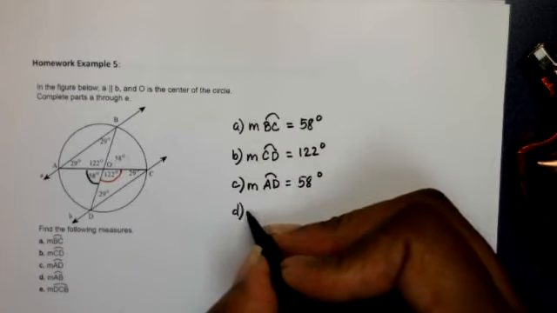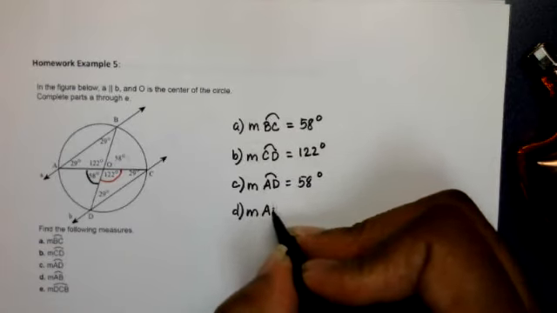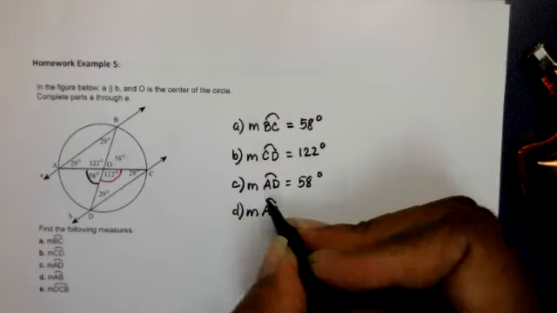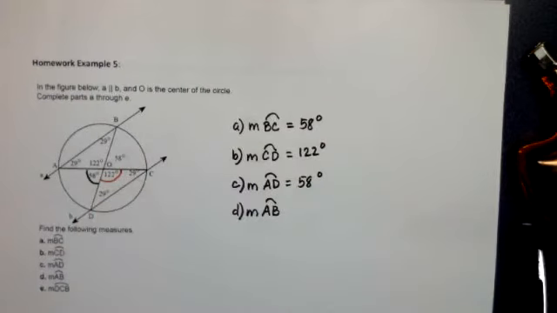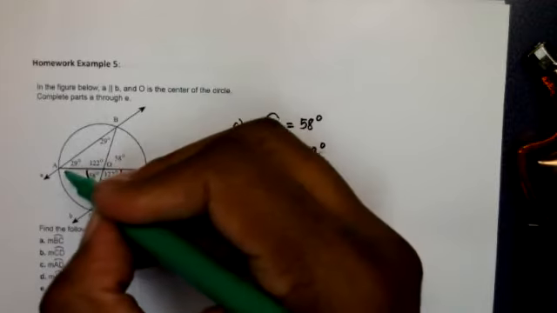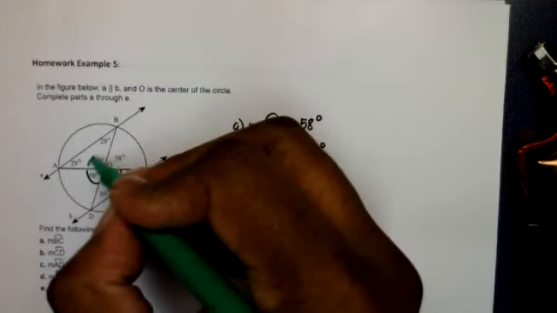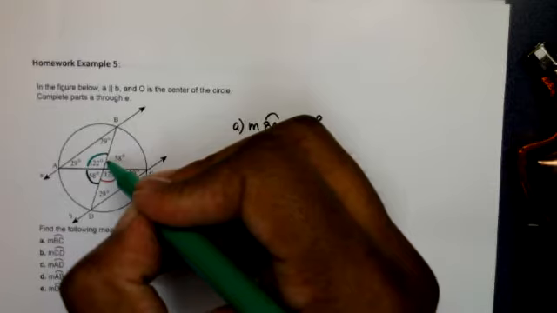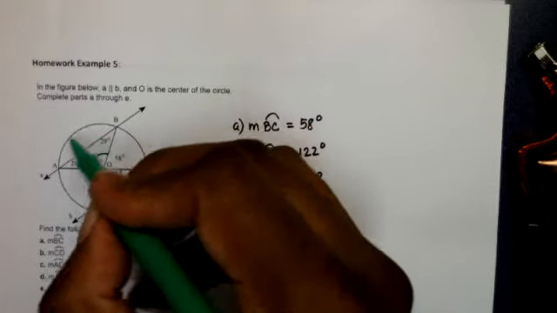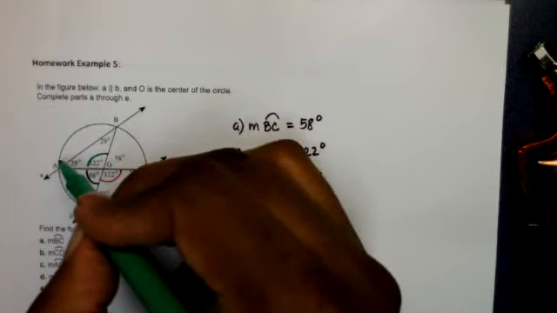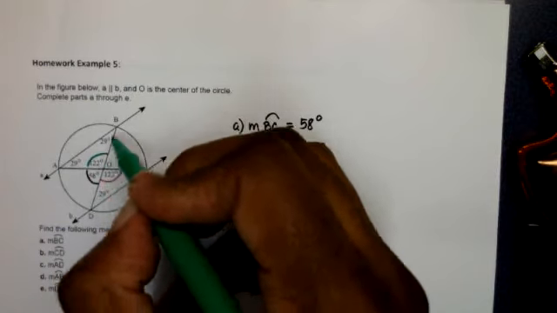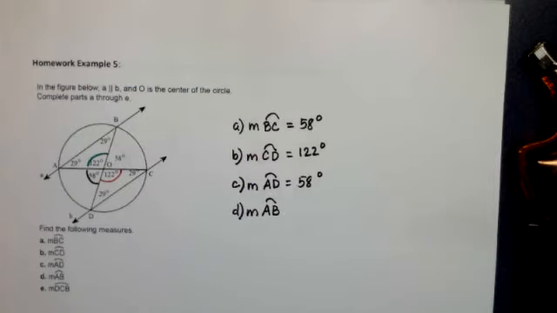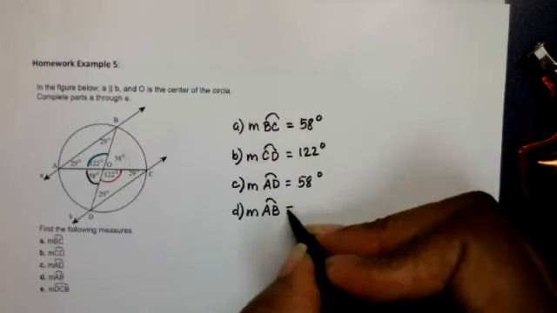And then the measure of arc AB, that's part D. Here's AB up here. Well, the central angle AOB is 122. So the measure of that arc has to be the same as the central angle measure. So if that's 122, then arc AB must also be 122.